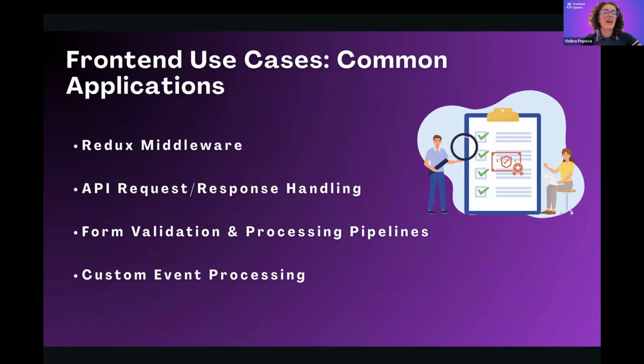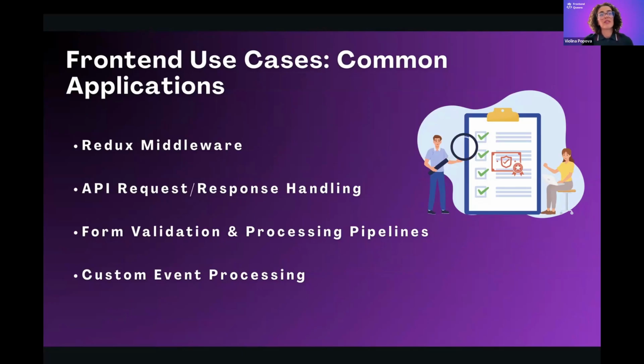The first is Redux middleware. This is a prime example. In a Redux application, middleware sits between dispatching an action and the action reaching the reducer. It's used for handling side effects like API calls with Redux Thunk or Saga, logging actions, analytics, or modifying actions before they hit the store.